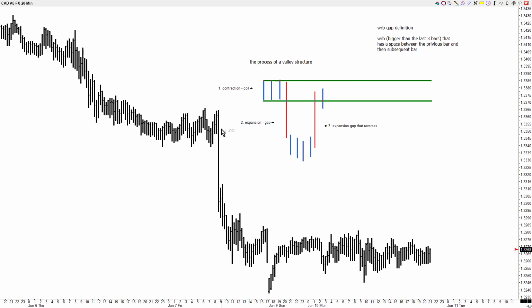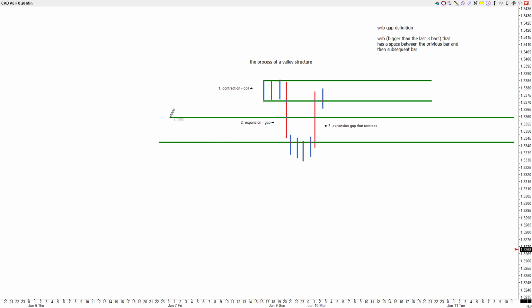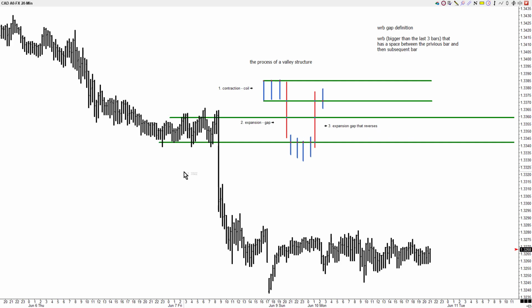See that? It's bigger than the last 3 bars, and you see this is all space, right? This is all space. And so we'll mark it the same way, and we'll go through the steps the same way. Contraction, expansion, and then we're stalling down here. I guess we could make that a step. Let's go ahead and make that a step.